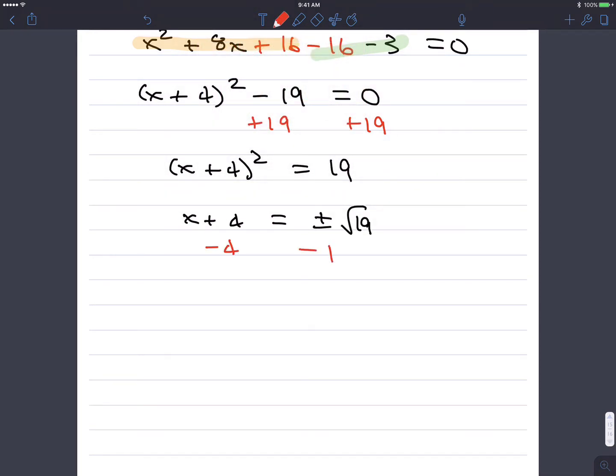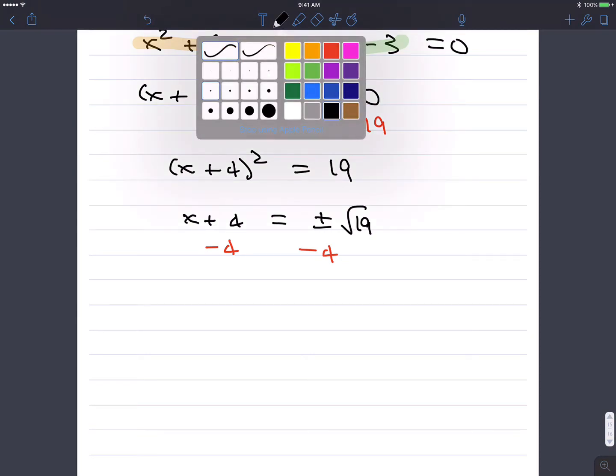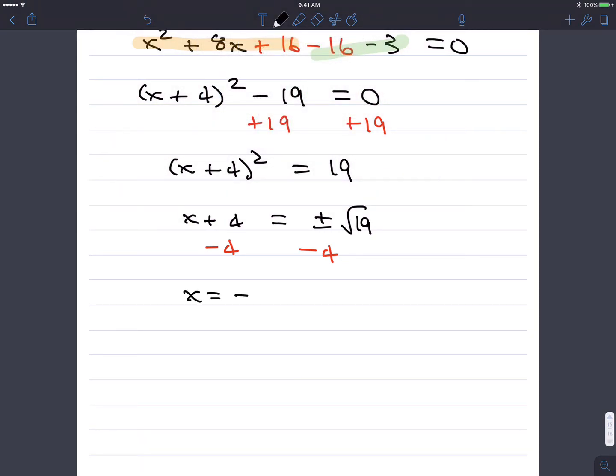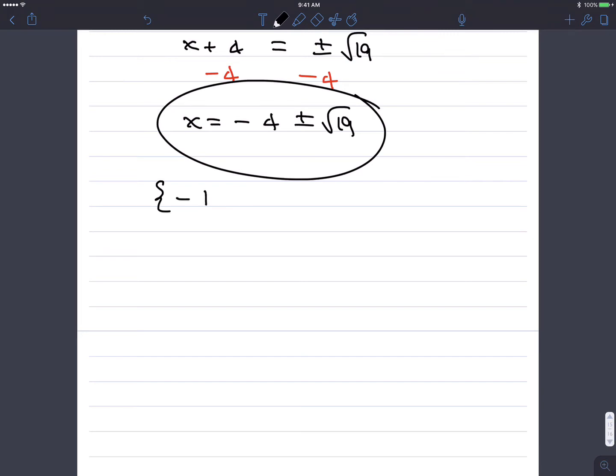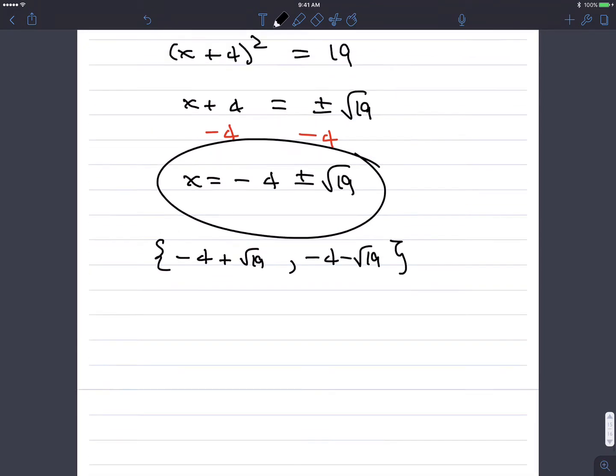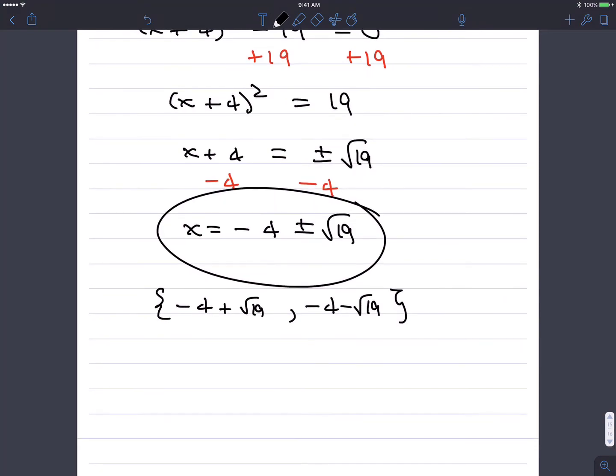Subtract my 4. X is negative 4 plus or minus the square root of 19. Solution set looks like this. Negative 4 plus the square root of 19 and negative 4 minus the square root of 19. And that's how we solve this equation, by completing the square.